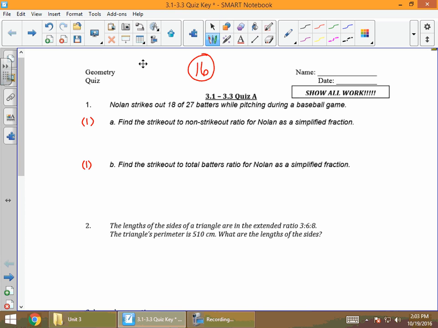So it says Noah strikes out 18 of 27 batters while pitching during a baseball game. Find the strikeout to non-strikeout ratio. So I'm going to start with words. Strikeout to, meaning my division symbol, and then non-strikeout.